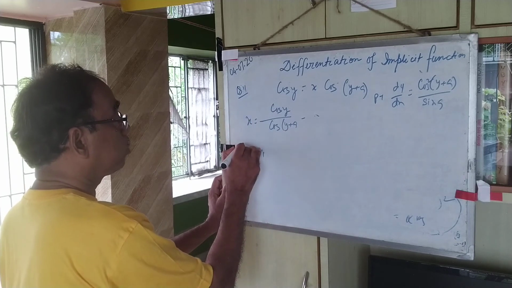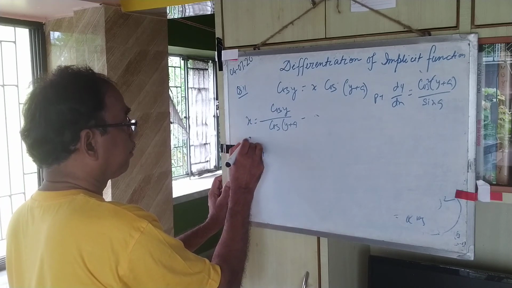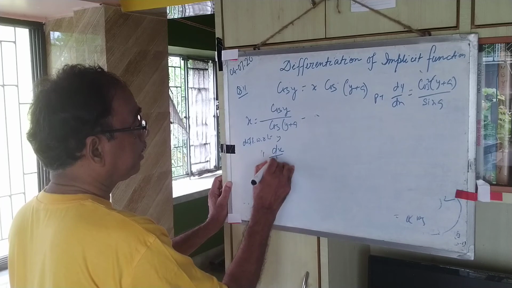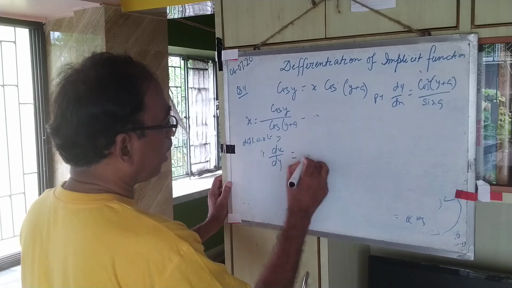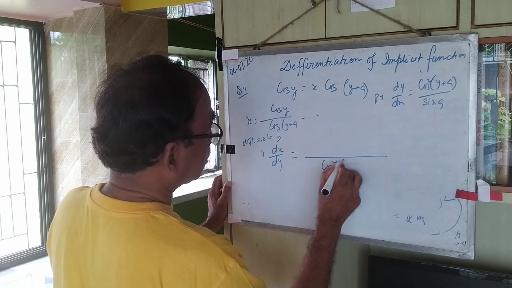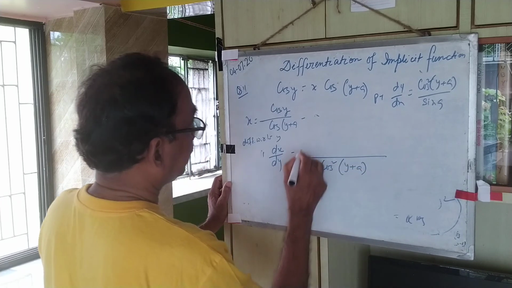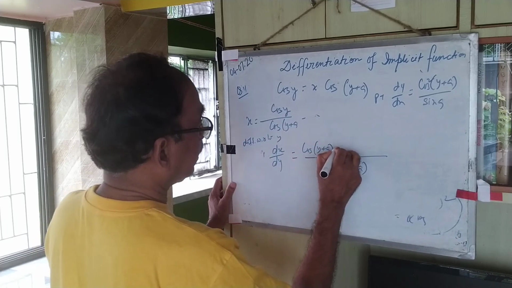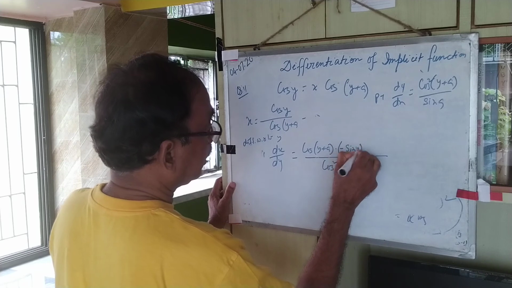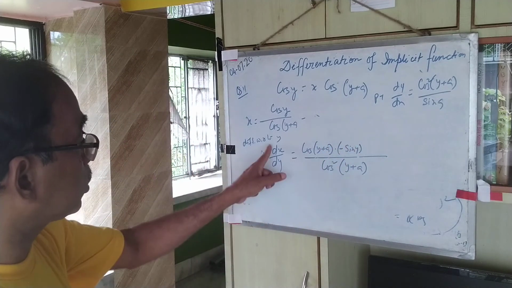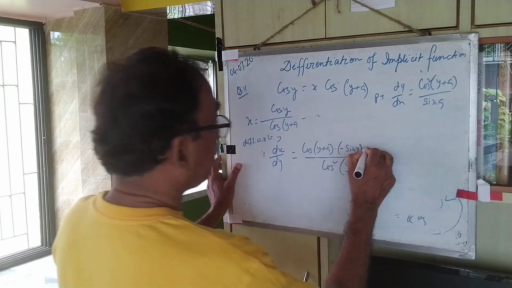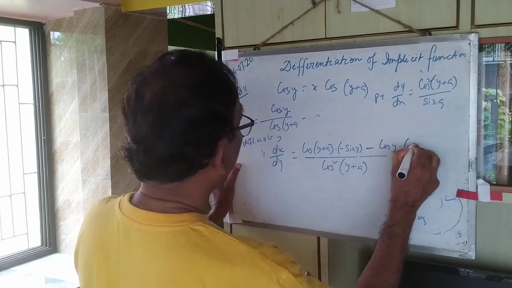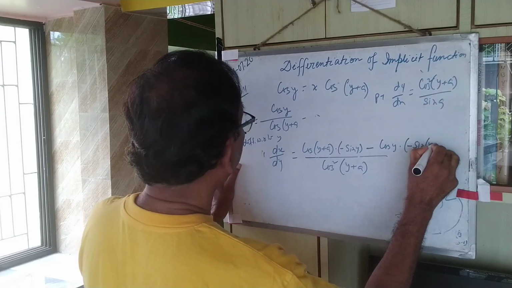Now differentiating with respect to y, that is dx by dy. We differentiate with respect to y: cos y plus a in the denominator squared, cos y plus a is constant, cos y derivative minus sin y, minus cos y is constant, denominator derivative minus sin y plus a.